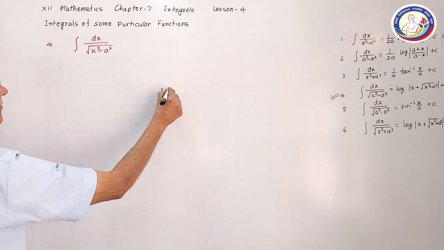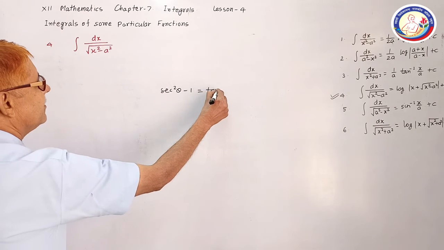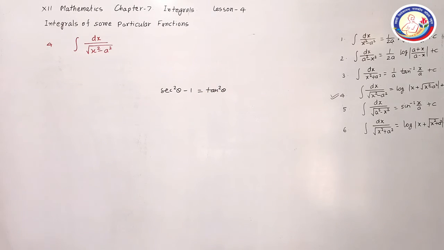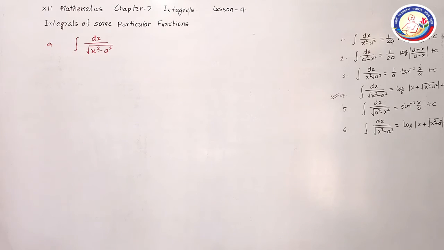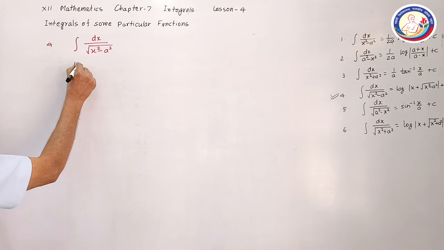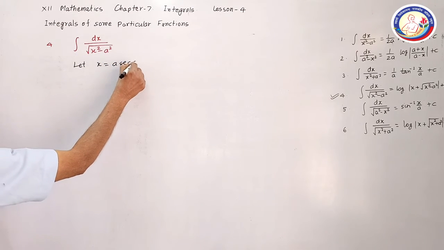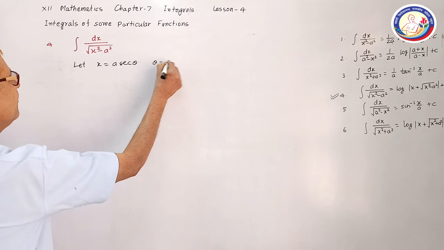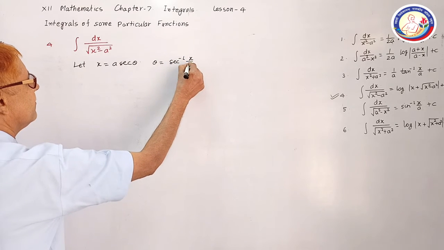We know that sec square theta minus 1 is equal to tangent square theta. So will it do for us? Let us try. Let x equal to a sec theta. Then theta will be equal to sec inverse x by a.